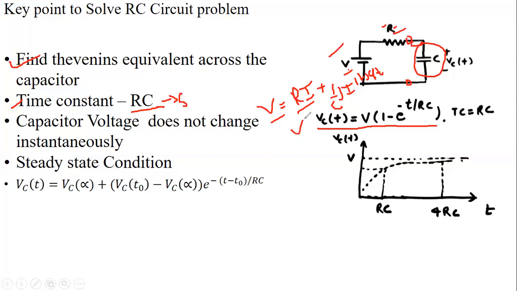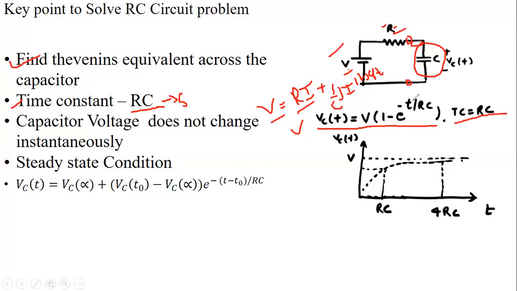Calculate the value of i either by the classical method or by Laplace transform, and get the voltage V across the capacitor, 1 upon C integral of i dt. So the voltage Vc(t) across the capacitor is V times 1 minus e to the power minus t upon RC. RC represents the time constant.